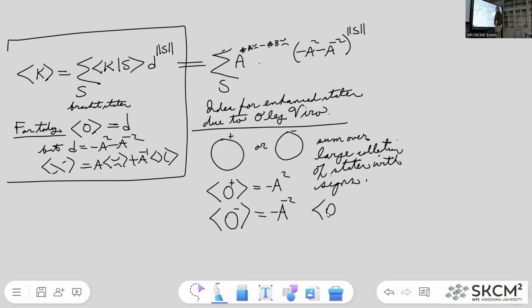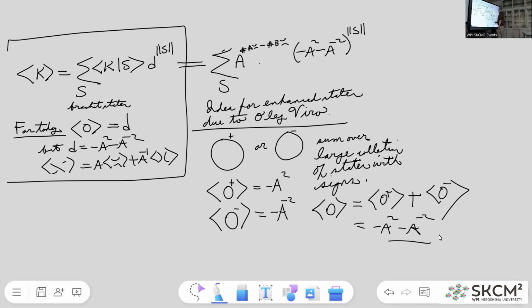So for example, the evaluation of this is the evaluation of a plus plus the evaluation of a minus, because we sum over all the different sign versions of a loop. And then this will be equal to minus A squared minus A to the minus 2. So in other words, what I want to do is push the binomial theorem into the combinatorics.